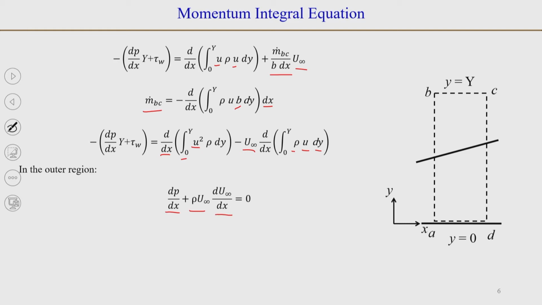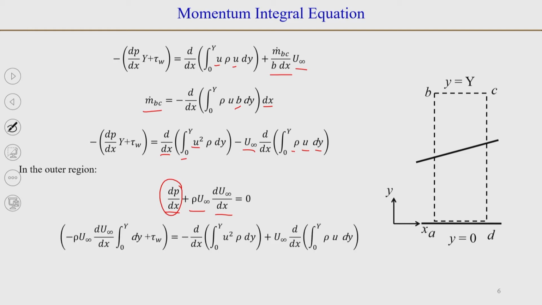Of course, in this the gravity is not considered, so we will consider this to be a horizontal surface. Now, from this we can substitute the value of dp by dx in terms of minus rho u infinity du infinity by dx.